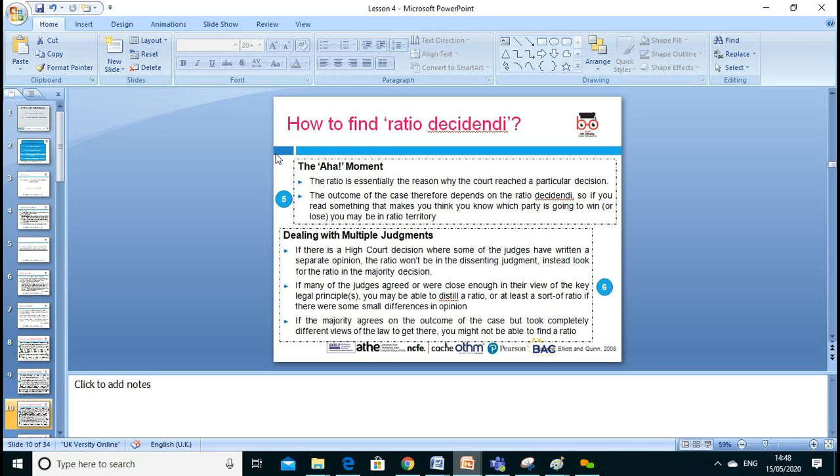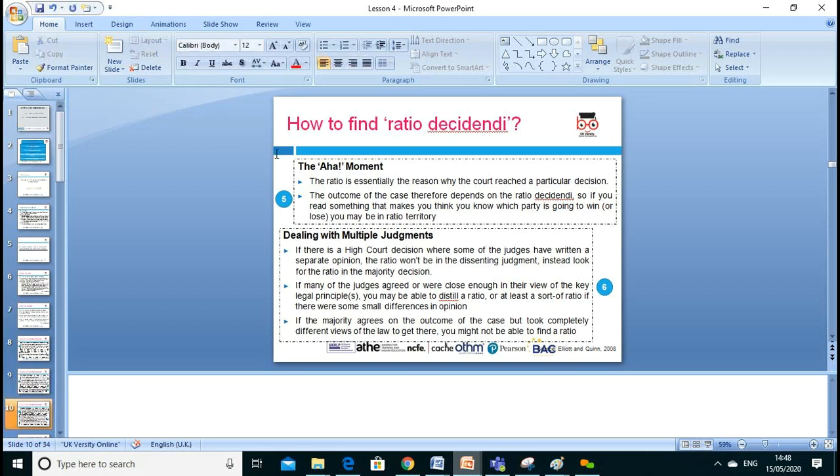Instead, look for the ratio in the majority decision. So maybe one decision had totally different judicial views and then most of the decisions agree. So most of the decisions we can look around as well, for the key legal principle. So we can look around for the ratio if there were small differences of opinion.